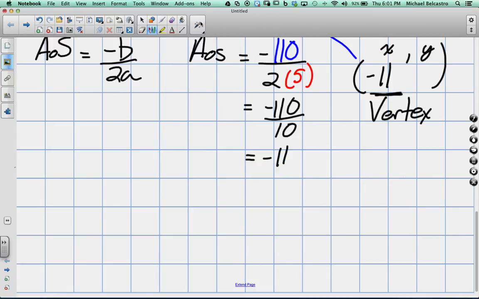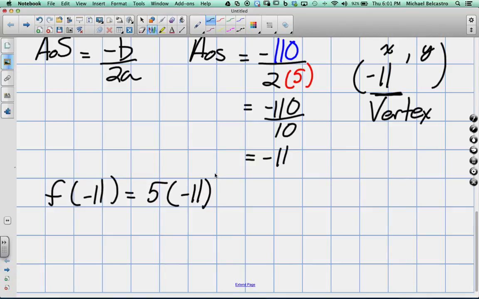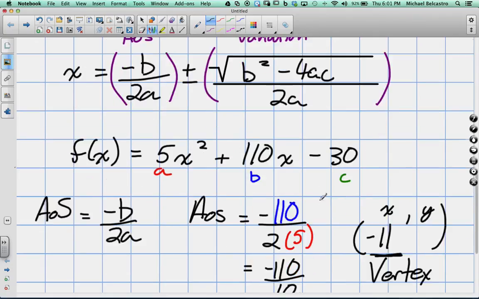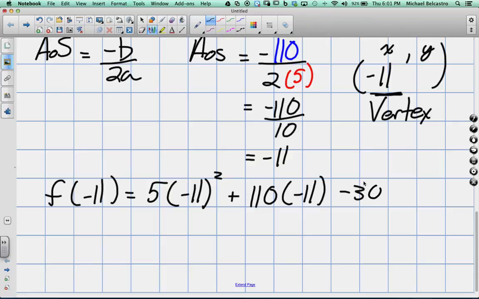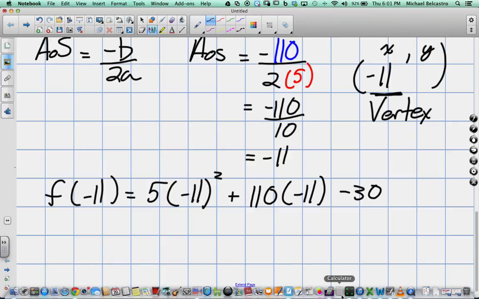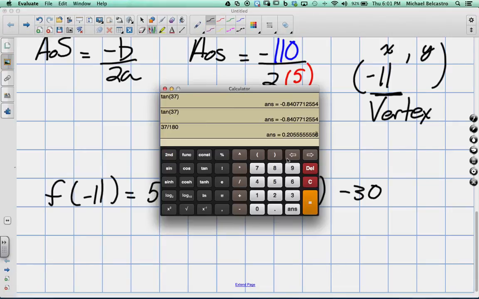Let's do precisely that. We're now looking for f of negative 11, which is 5 times negative 11 squared, plus 110 times negative 11, minus 30. We'll put this into our calculator and solve it all in one step.